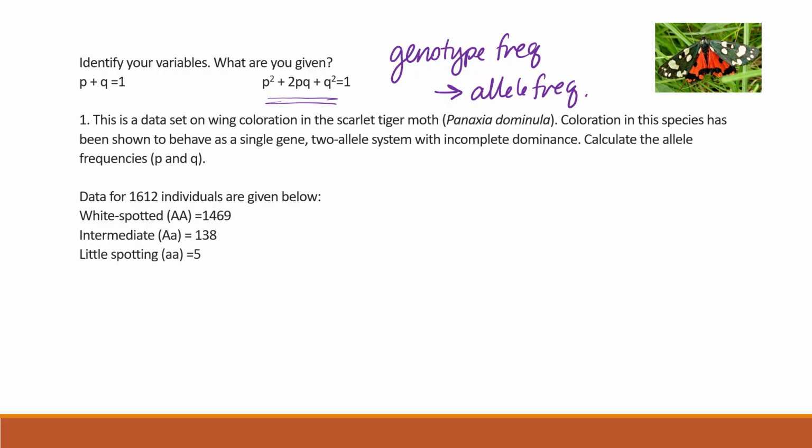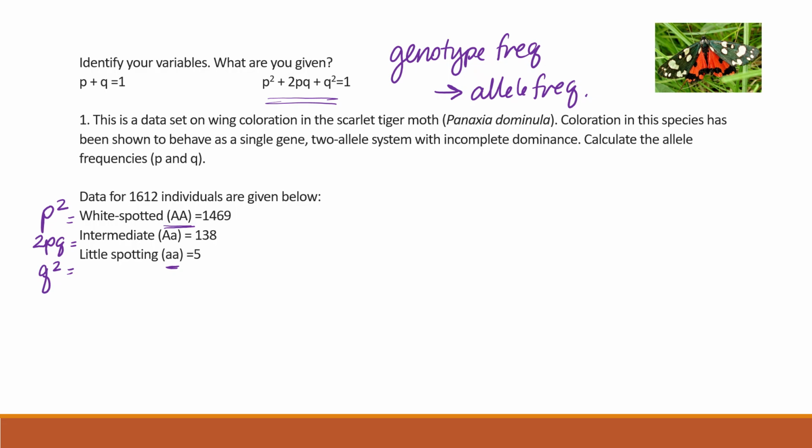For this one, we do have P squared. P squared is going to be the frequency of the homozygous white spotted allele. 2PQ will be the frequency of the heterozygous individuals, and Q squared is going to be the frequency of the homozygous for the little spotting allele.